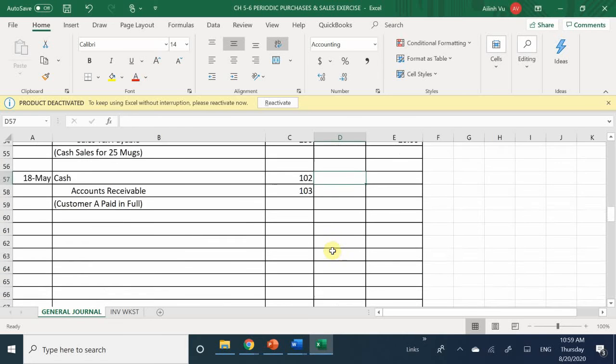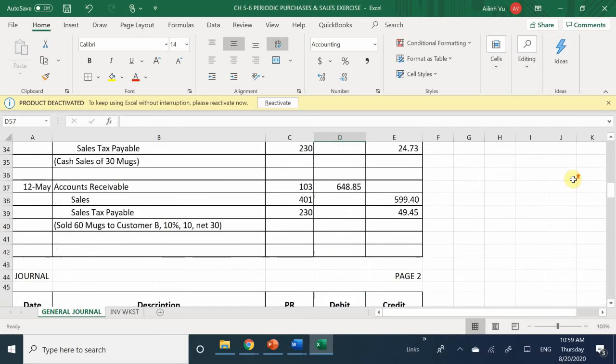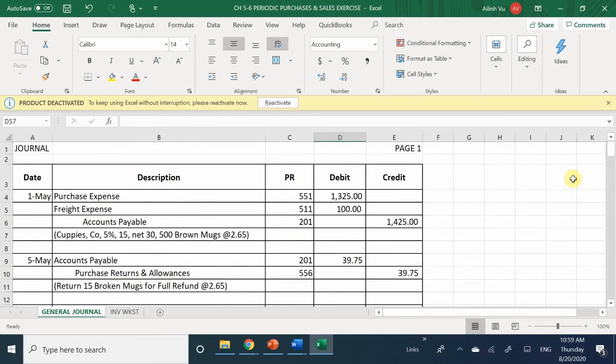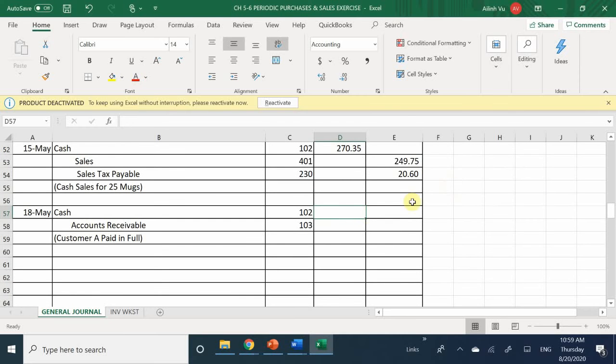So that's the number we're going to pick from and say that they paid me. 216.48? 28. Thank you. So 216.28 is going to be my number here because that's how much they owe me and they paid me in full. 216.28.